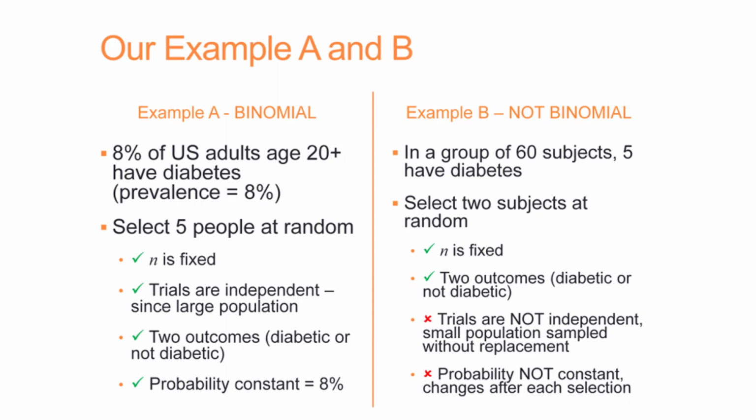However, the trials are not independent since they have a small population sampled without replacement and the probability is not constant. It will change for each trial as we have seen when calculating the probability. Thus, in example B, we do not have a binomial experiment.